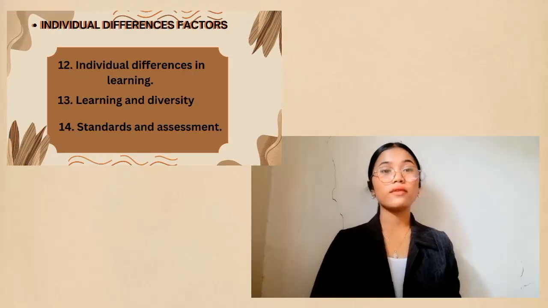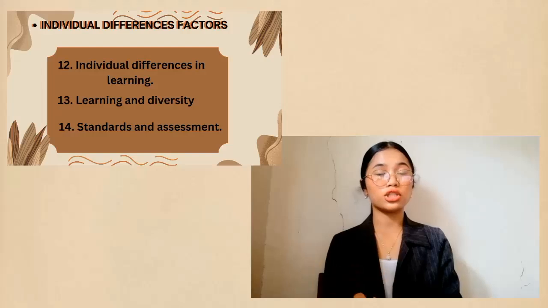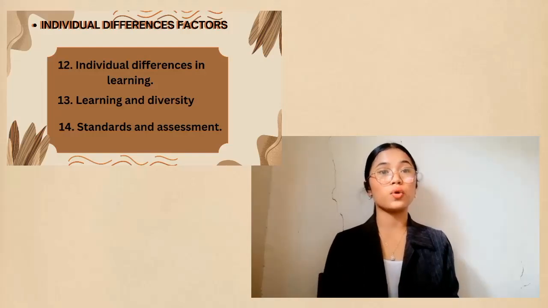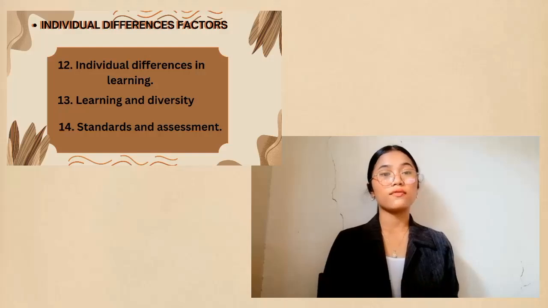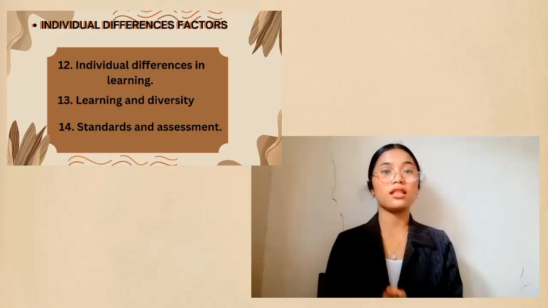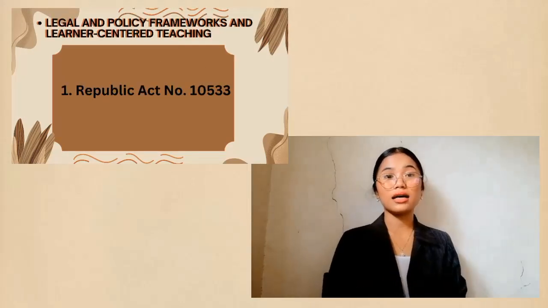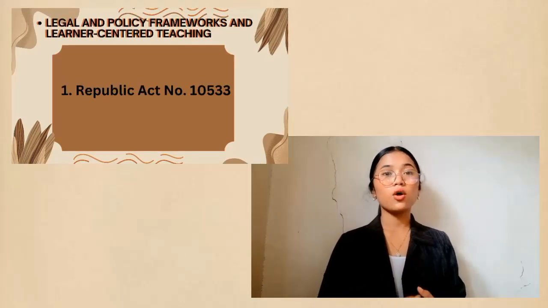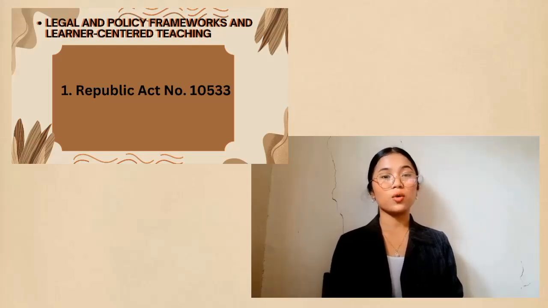Aside from that, we also have the 12 to 14 psychological principles under individual differences factors, which are the individual differences in learning, learning and diversity, and the last is standards and assessment. And last but not least, we also need to know the legal and policy frameworks and learner-centered teaching, with the subtopic of Republic Act number 10533.